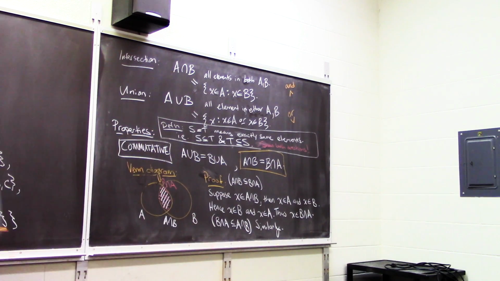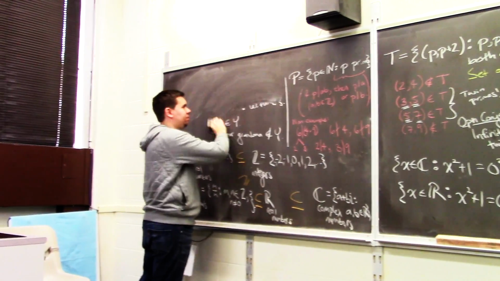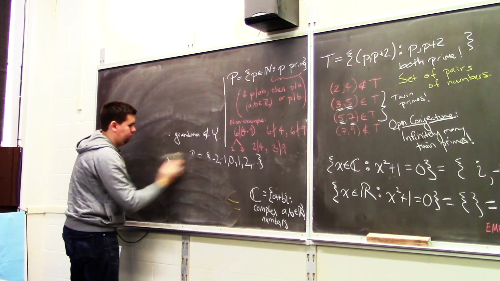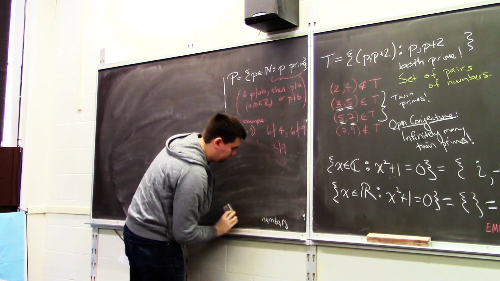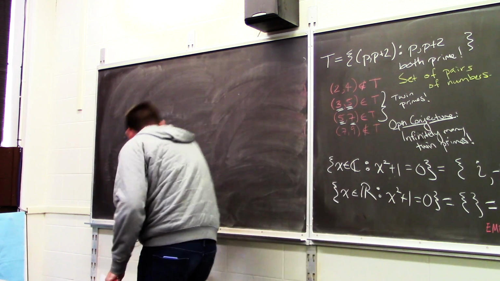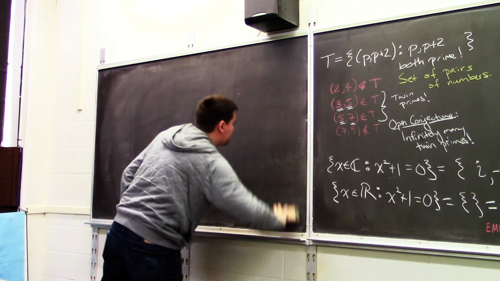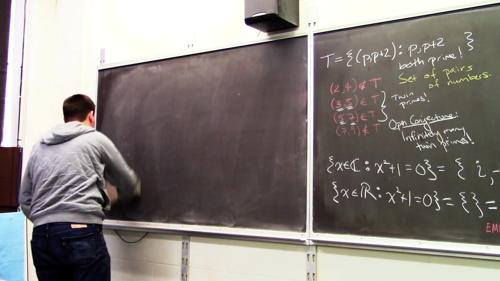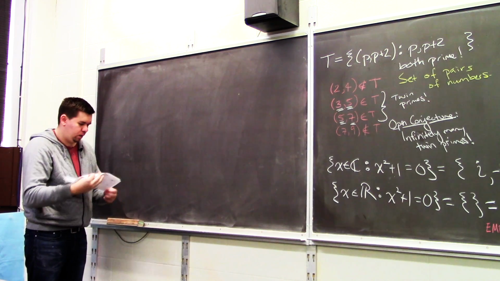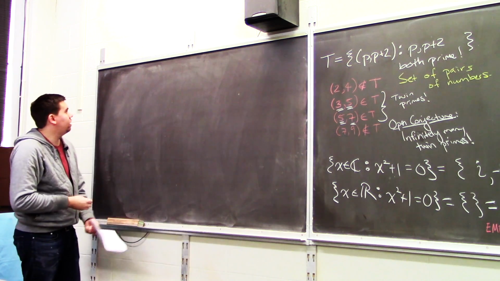Okay, let's get to some more properties. Okay, we said that intersection and union are commutative. Let's show that they're associative.